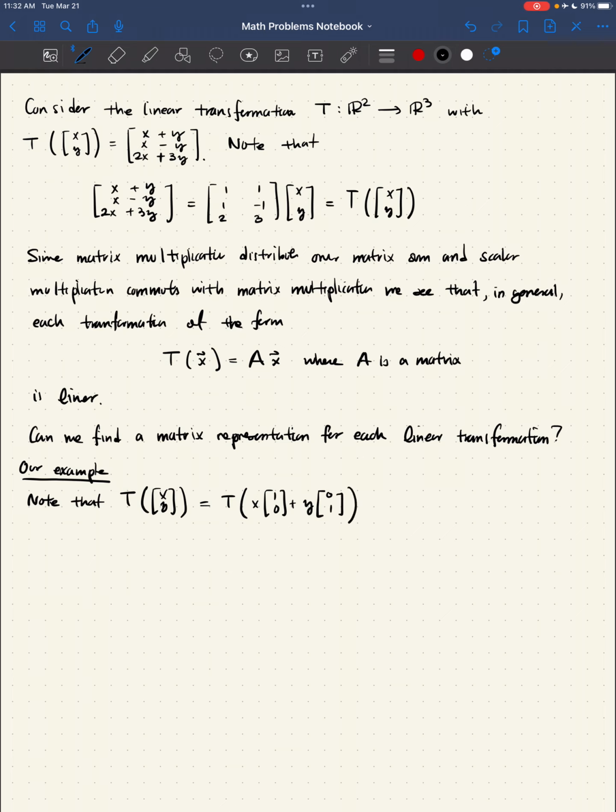Well, these are exactly the coordinates of the vector xy in the standard basis of R2. I'll put it in detail. The coordinates of xy in the basis, written in this particular order, 1, 0, 0, 1, are x and y respectively.